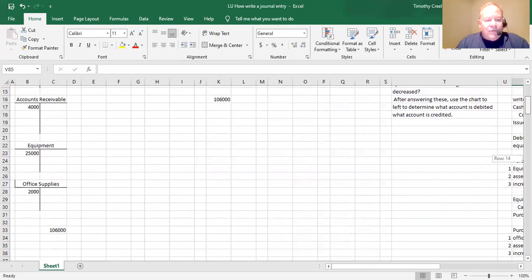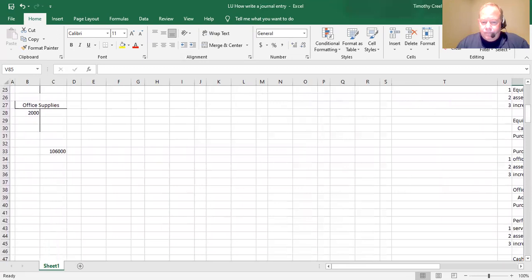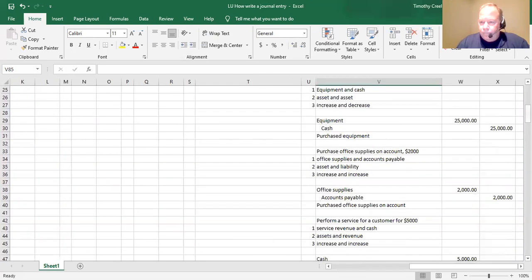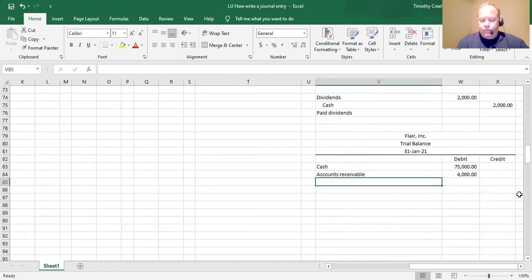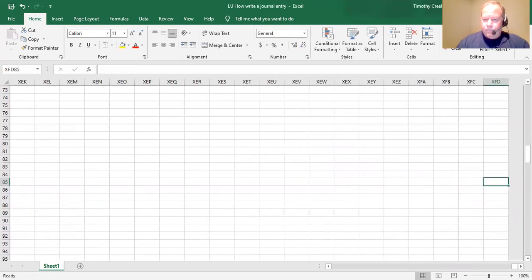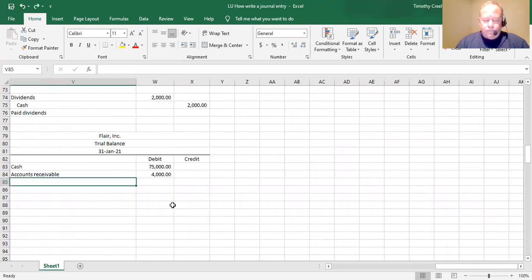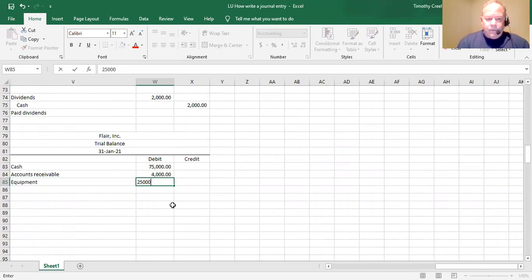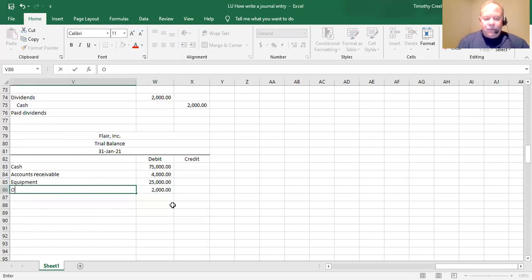Equipment's 25 and office supplies are 2. Equipment's 25, and then 2,000 for office supplies.